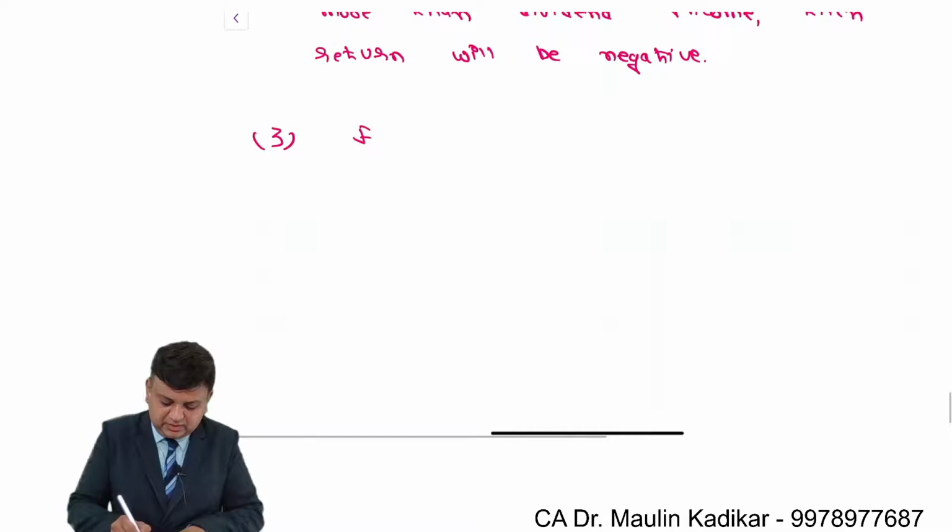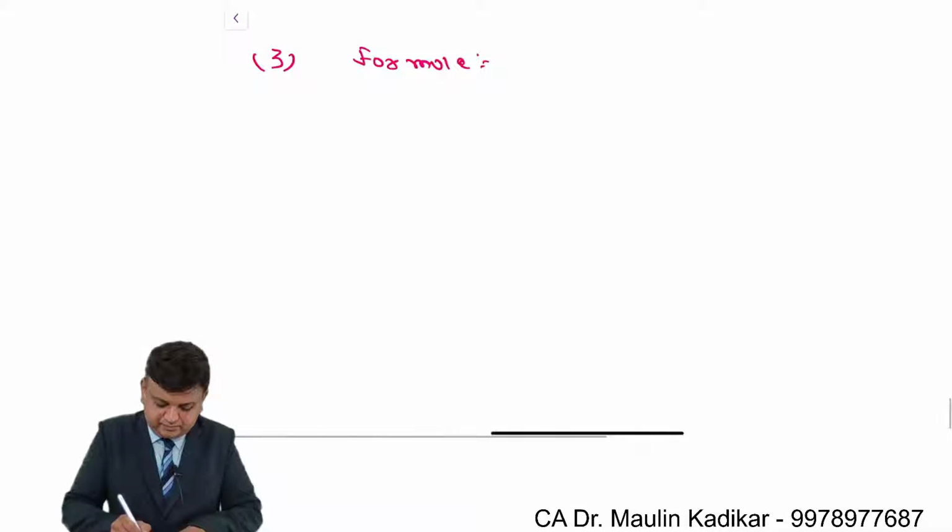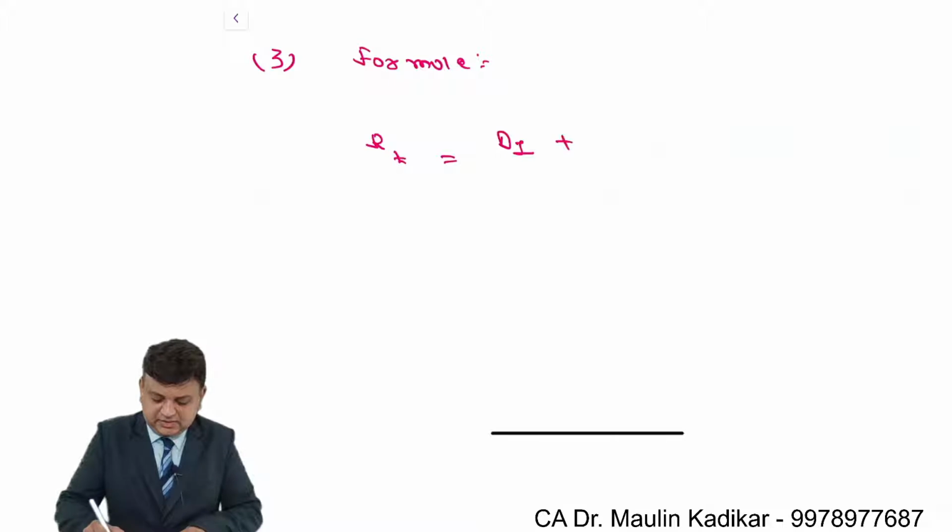Third formula: RT, return for the time period, is equal to D1 plus P1 minus P0 divided by P0 into 100.